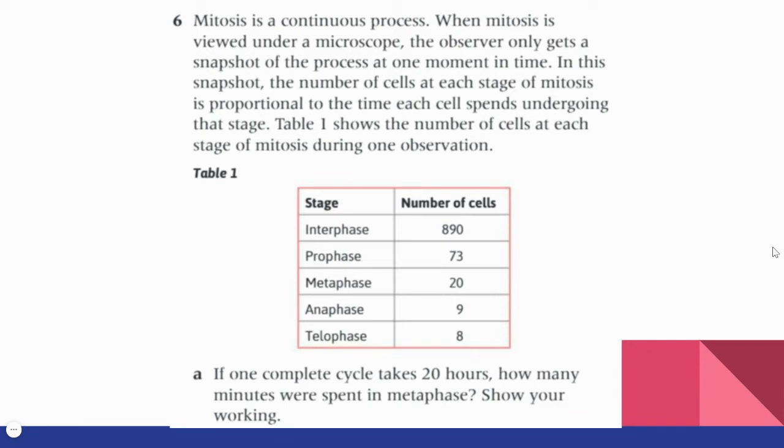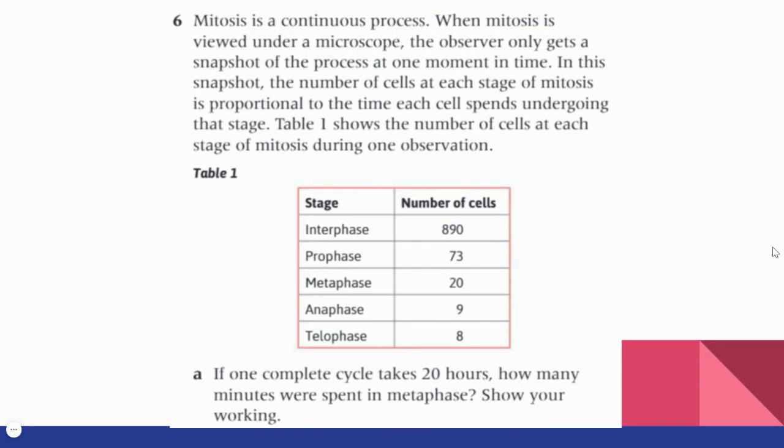So at the snapshot, whatever the number of cells you see in different stages, that will give you a proportional idea of how much time each cell spends at that particular stage. Table 1 is given, which shows the number of cells at each stage of mitosis as well as interphase, in just one observation.